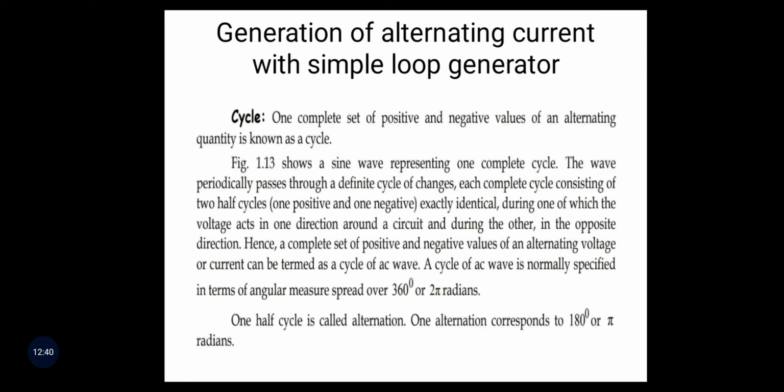One half cycle is called an alternation. One alternation corresponds to 180 degrees or pi radians.